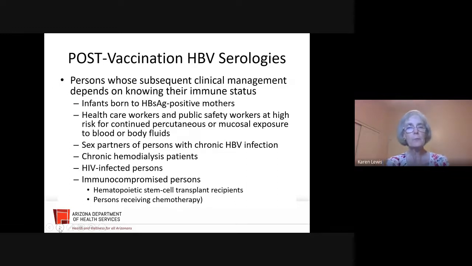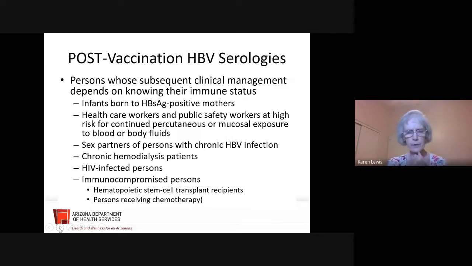But there are certain people that you really need to know are antibody positive and antigen negative. Infants born to hepatitis B surface antigen positive mothers, and then healthcare workers, people who are going to be at risk for getting exposed to blood and body fluids, because if they're fully immunized and protected and they get exposed to blood from someone who's hepatitis B surface antigen positive, you don't have to give them HBIG.